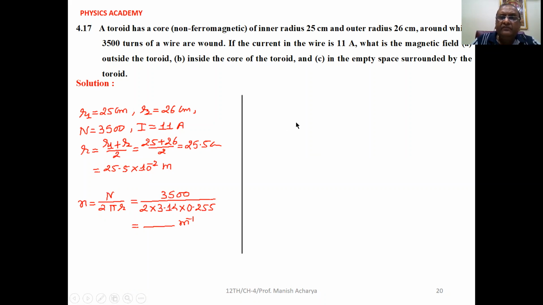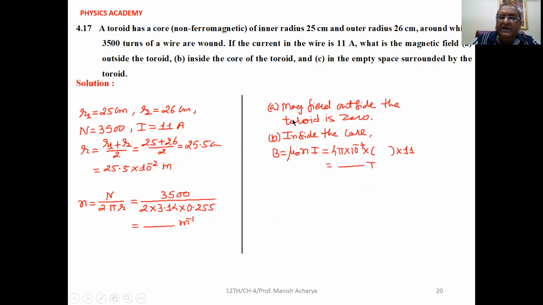Now, magnetic field outside the toroid, we discussed in the theory, that is equal to 0. Then inside the core, B equal to μ0 n I, where μ0 is 4π × 10⁻⁷.